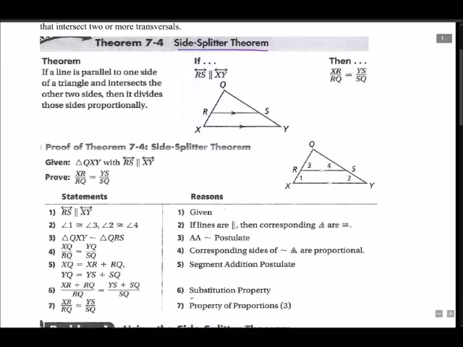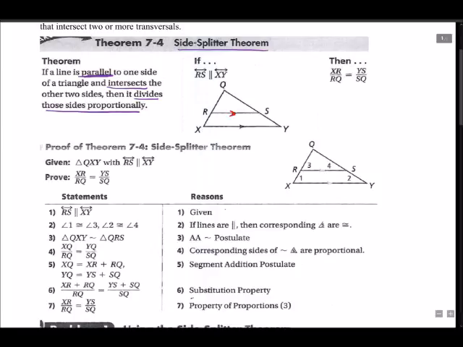It says if a line is parallel to one side of a triangle and intersects the other two sides, then it divides those sides proportionally. So let's take a look here.